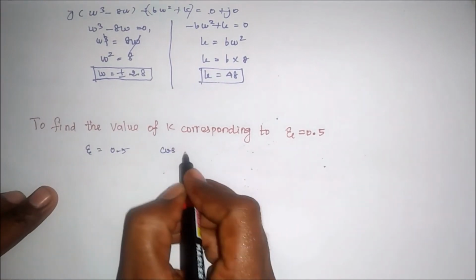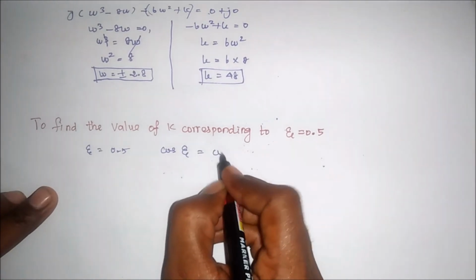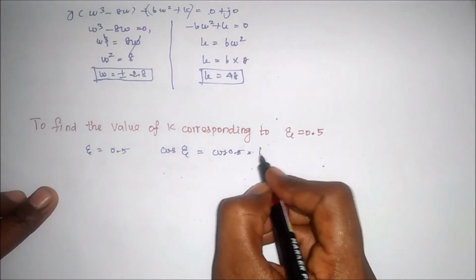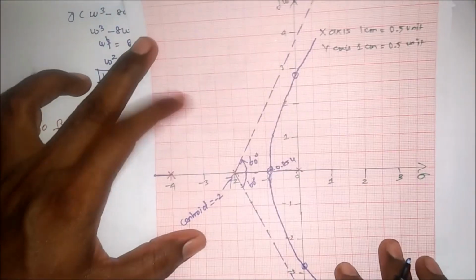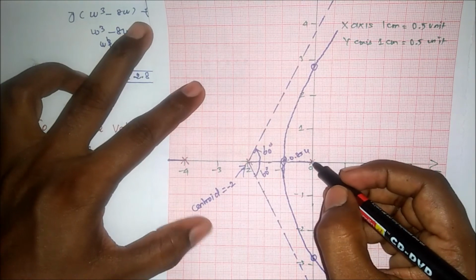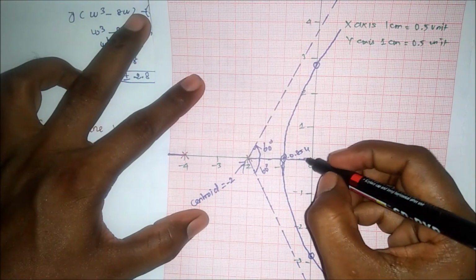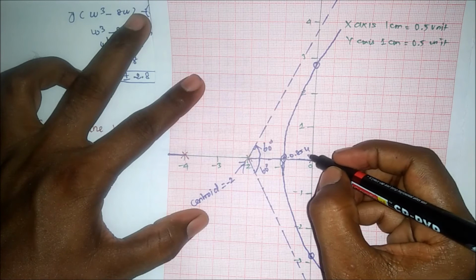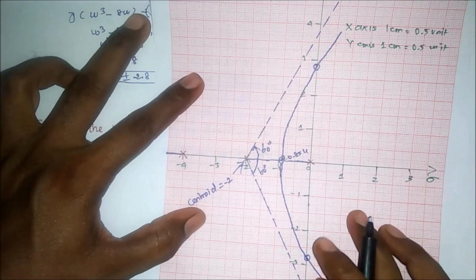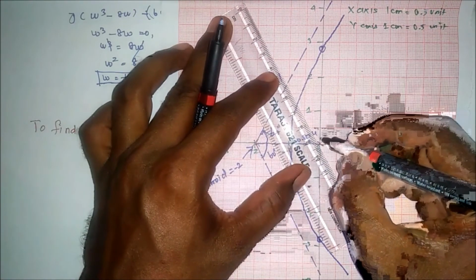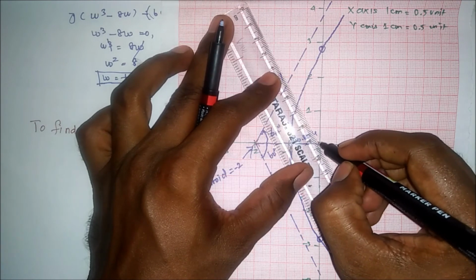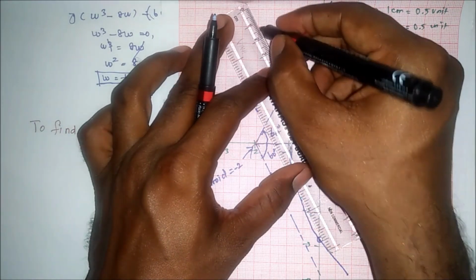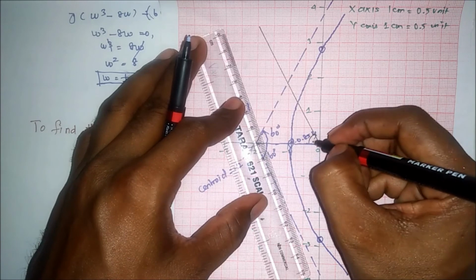Therefore, theta equal to cos inverse of 0.5 equal to 60 degrees. So from this point, we have to take 60 degrees from the real axis. Then we have to draw a straight line. According to eta, the angle theta equal to 60 degrees, so we have to draw a 60 degree line. So this is 60 degrees.